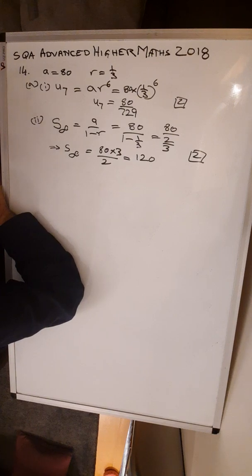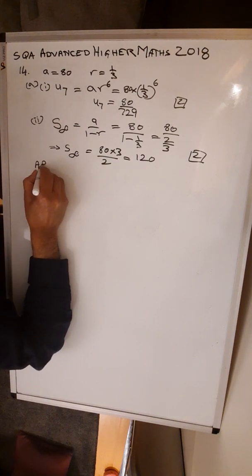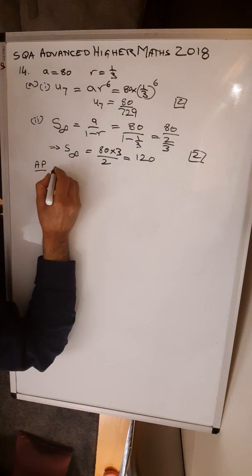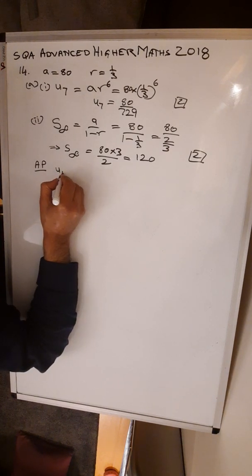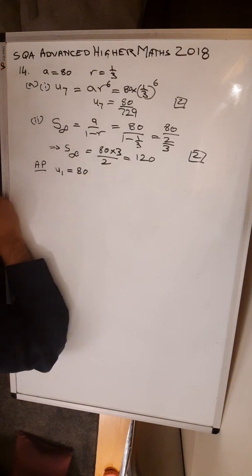The first term of this geometric sequence is equal to the first term of an arithmetic sequence. So you're looking at an arithmetic progression now. So U1 is equal to 80 for this arithmetic sequence.